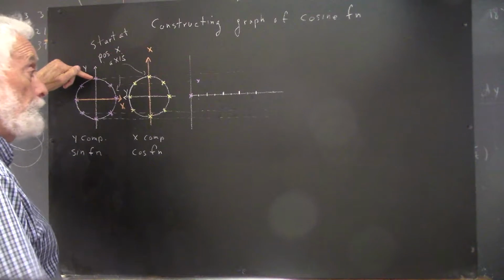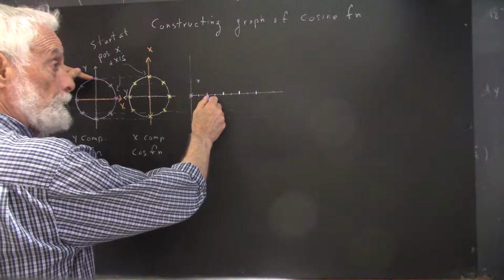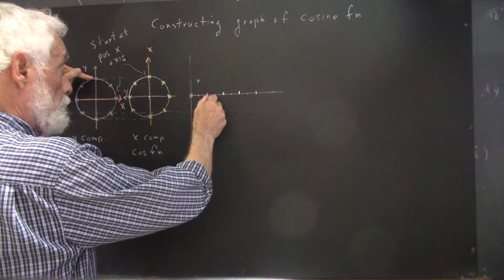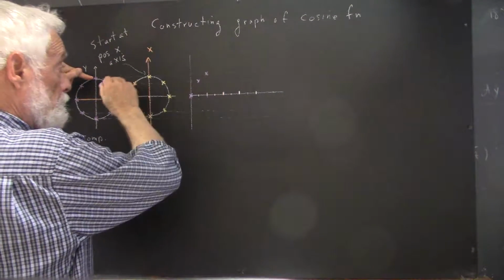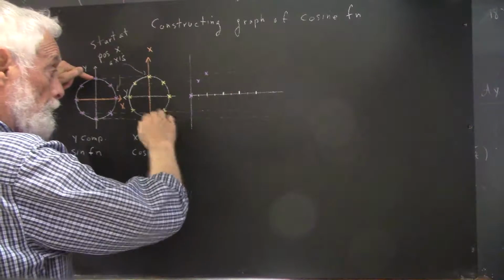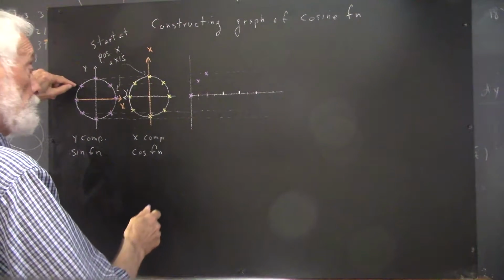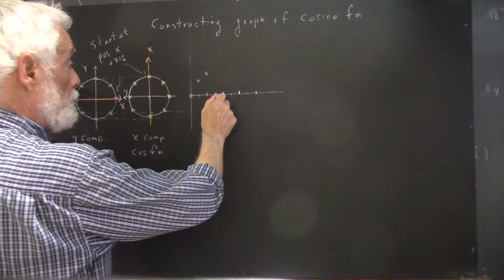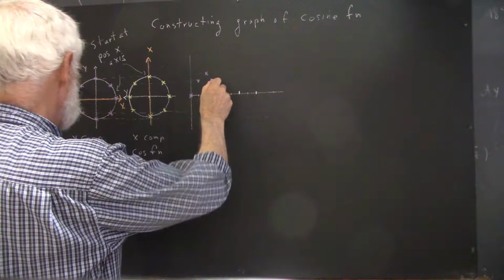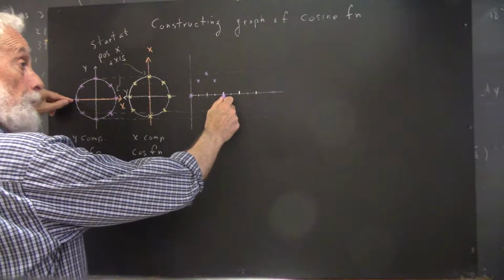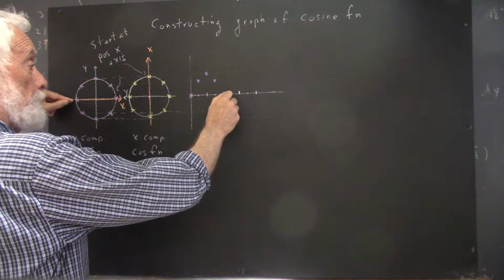Then we have this point which corresponds to this point on our horizontal axis. And that's going to be up here. I've drawn the projection line here, and you can see where I've drawn these approximate projection lines. So I just keep going around the circle. I go to this point, now I'm here, and the y-coordinate is here. I go to this point, which corresponds to this point on the axis, and I'm going to be here.